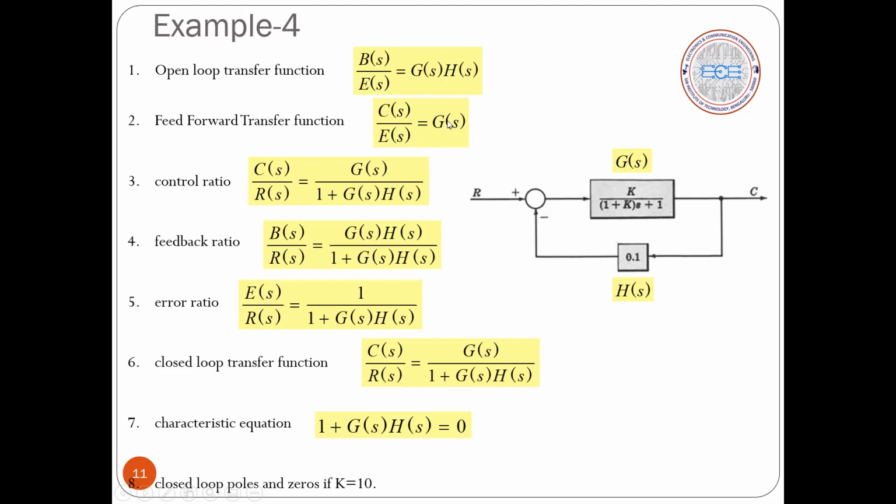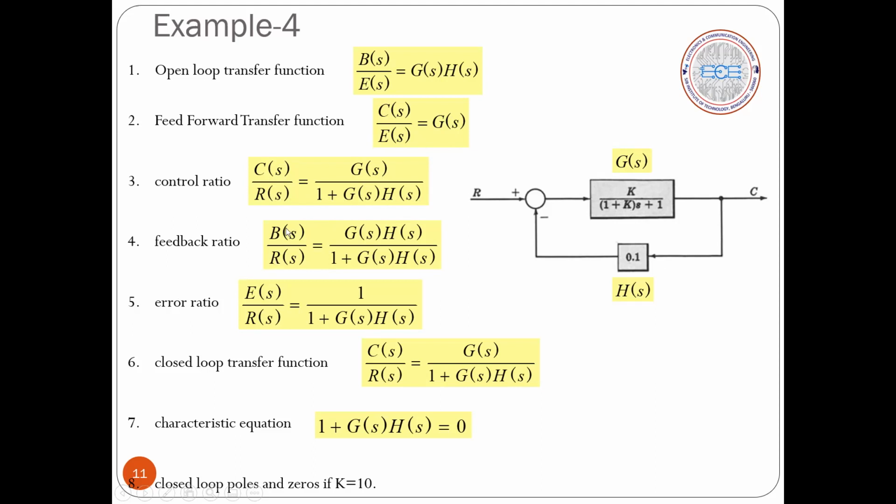This is the forward transfer function. What is the control ratio? It is output by input, the final control output divided by the input, which is given by G(s) divided by 1 plus G(s) into H(s). Again, we have seen that in the last slide, and you have to substitute G(s) and H(s) and simplify.